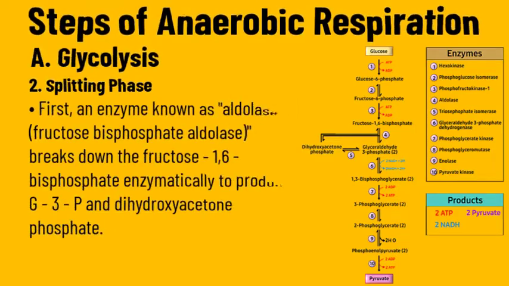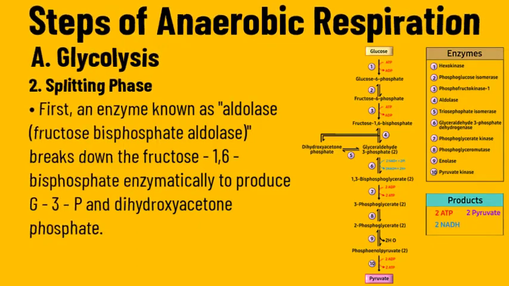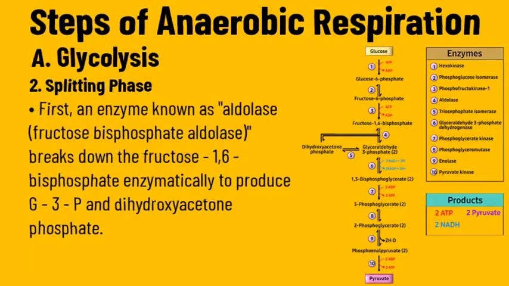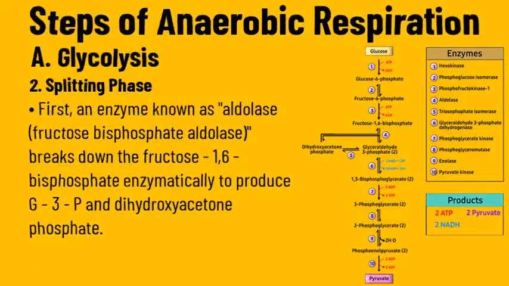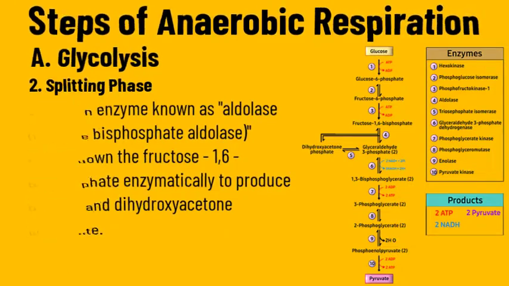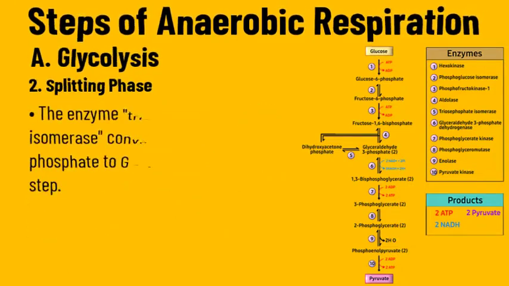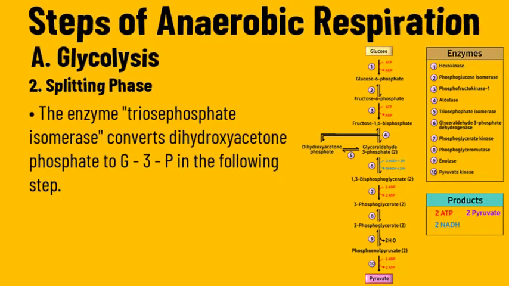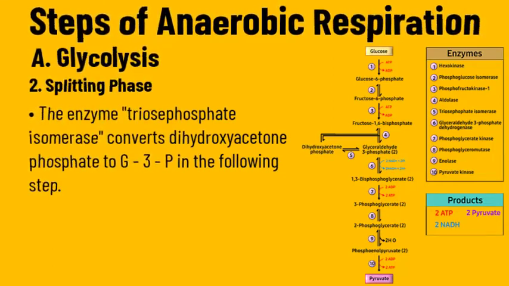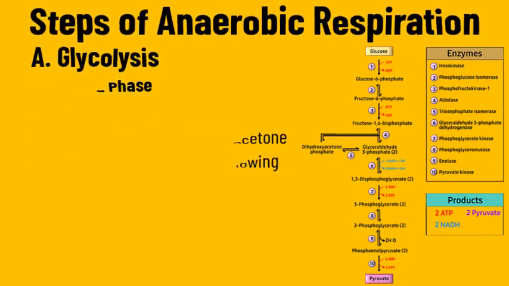First, an enzyme known as aldolase, fructose-bisphosphate aldolase, breaks down the fructose 1,6-bisphosphate enzymatically to produce G3P and dihydroxyacetone phosphate. The enzyme triose-phosphate isomerase converts dihydroxyacetone phosphate to G3P in the following step.